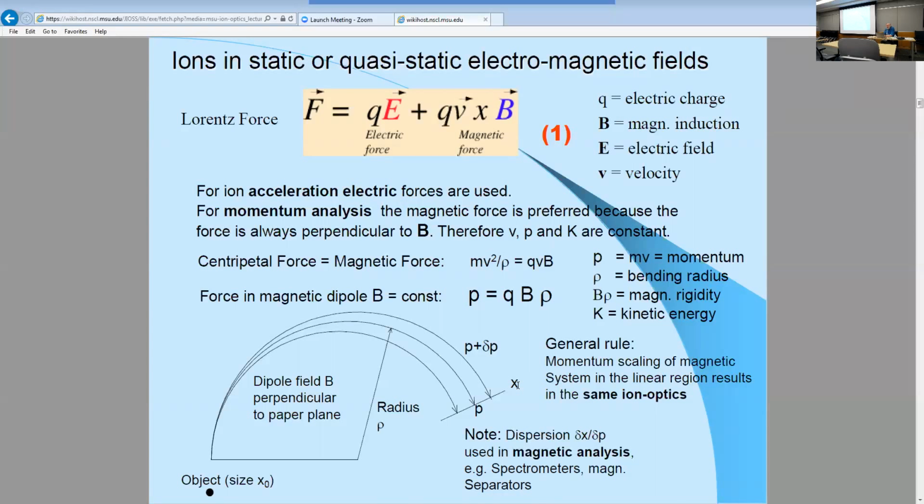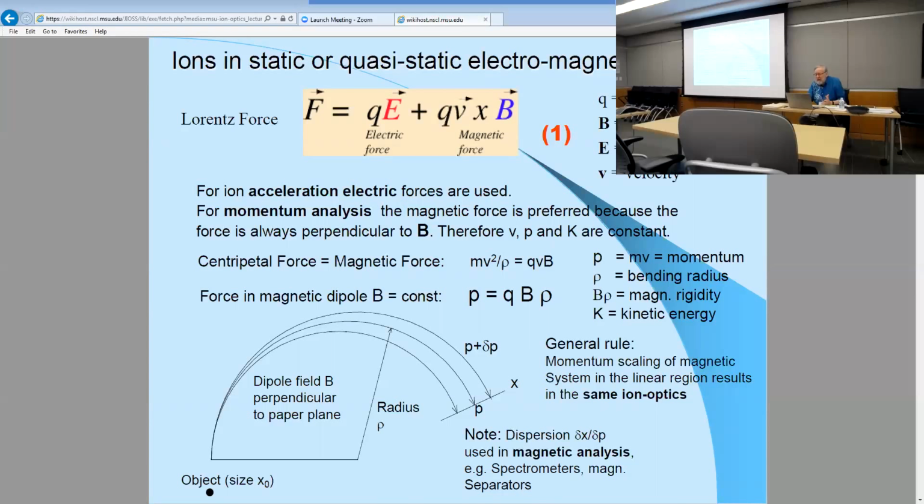In the old days, the dispersion in the magnet was always referred to in momentum, but COSY uses the energy. The energy is of course not independent of the momentum, but the momentum is the fundamental parameter.